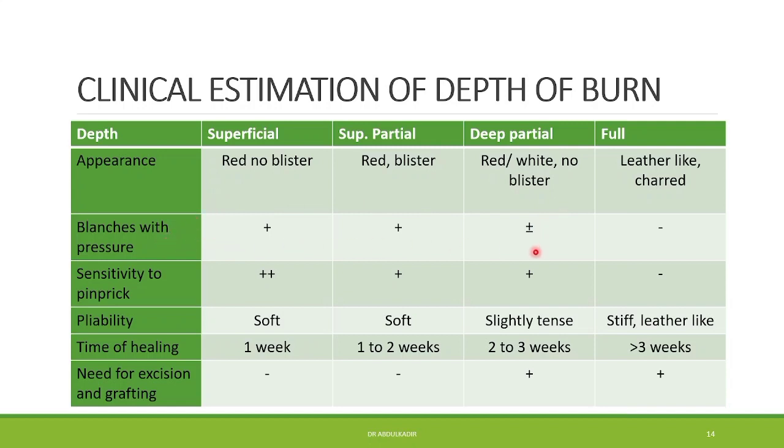Then about blanching with pressure. The first three types will blanch, although deep partial thickness burn may or may not blanch, but full thickness burn will not blanch. Regarding sensitivity, the first three are more sensitive, so they are more painful.